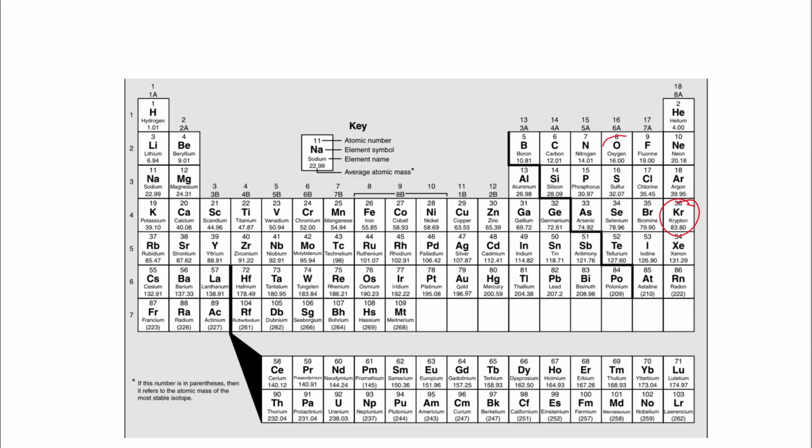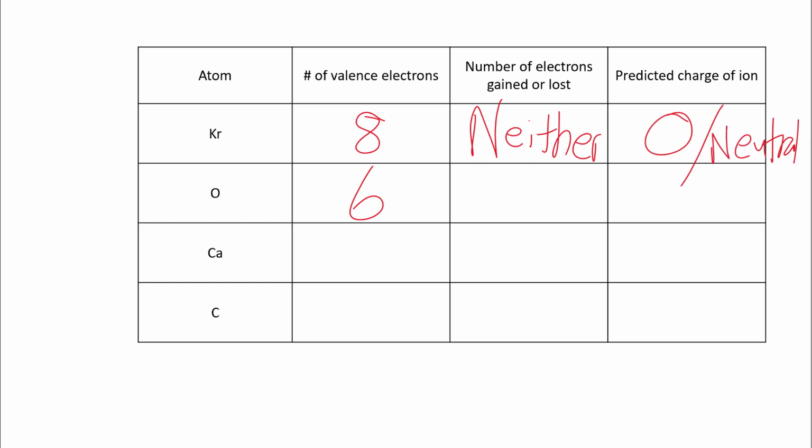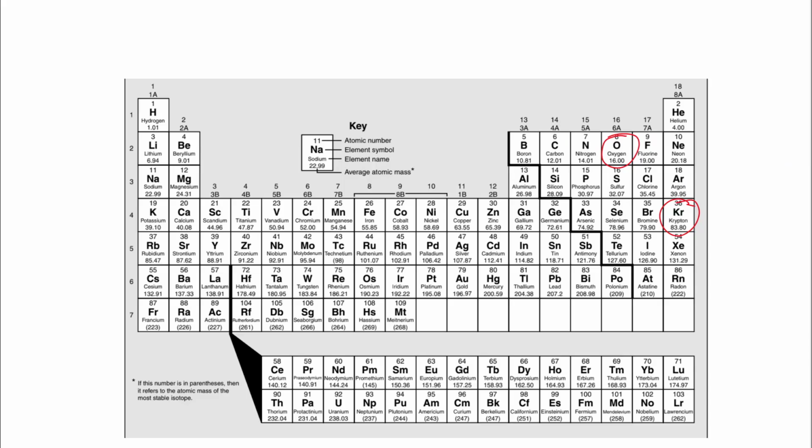Oxygen is right here. It's in group 6A. So it has 6 valence electrons. So really there are 2 choices here. Oxygen can gain 2 electrons to become like neon, or it could lose 6 to get all the way back to helium, right? 8 minus 6 is 2.